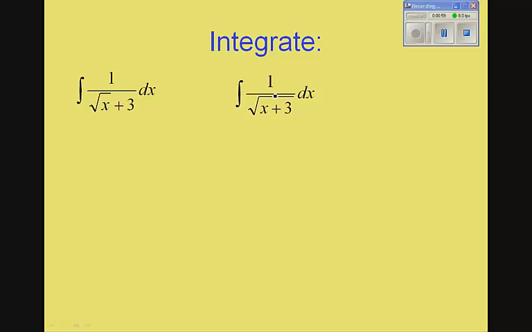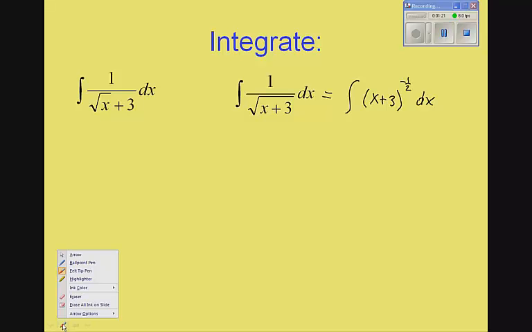See, the nice thing about this one on the right is that I can rewrite it as the integral of x plus 3 to the what? Negative 1/2, right? dx. And that's kind of nice because I think if we substitute now, we'll be liking what we see.